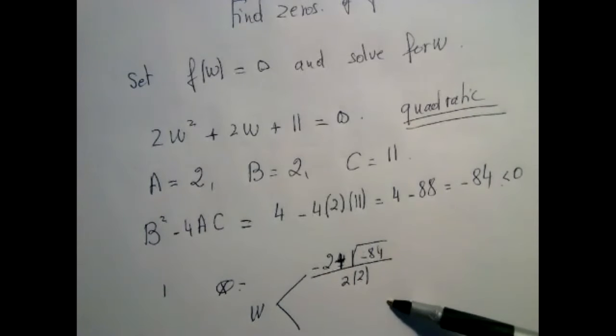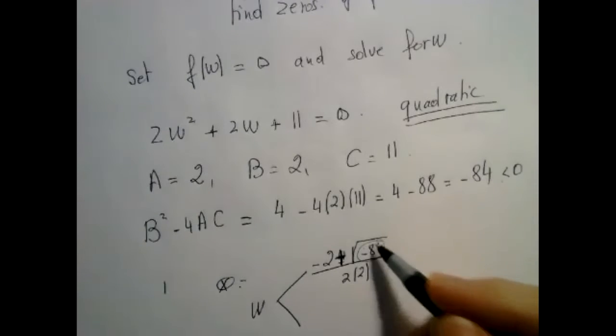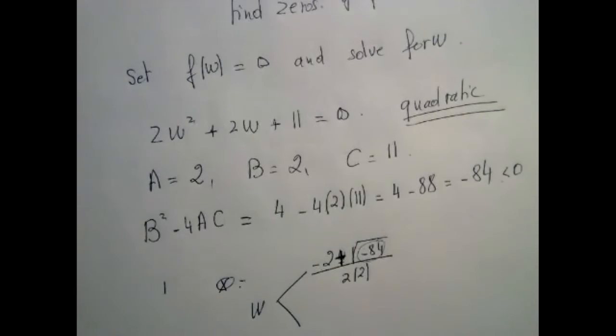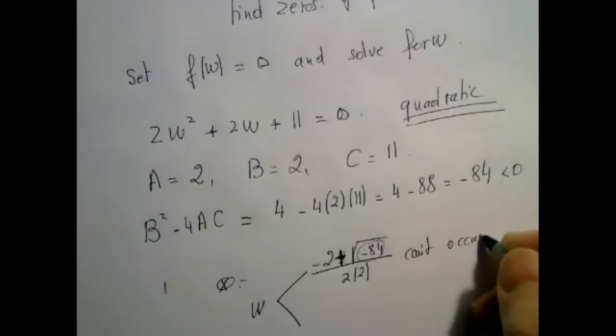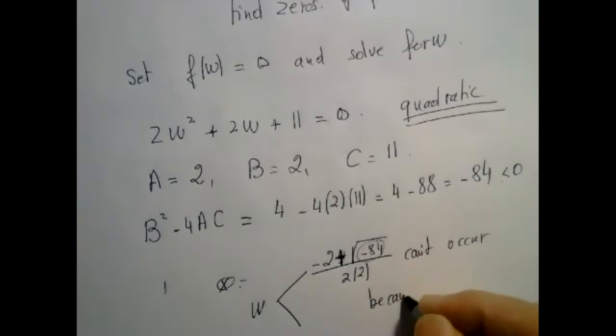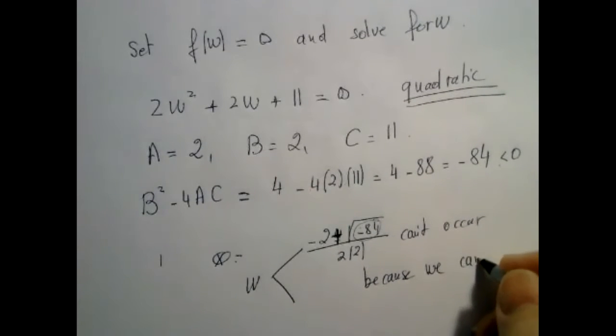But what can you say? Any comments? You can't square a negative number. Exactly. The square root of minus 84 does not exist because there is no number that, when you square it, gives a negative number. It always gives a positive number. So this can't occur because we can't have the square root of a negative number.